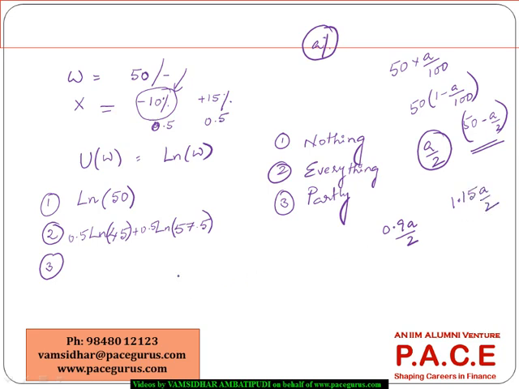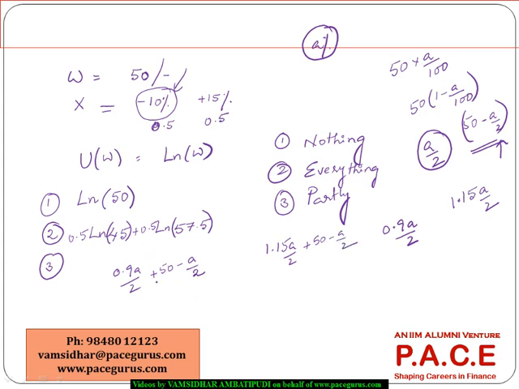Which means at the end of 1 year, his total wealth could be either 0.9 A by 2 plus 50 minus A by 2, because this does not change, or it could be 1.15 A by 2 plus 50 minus A by 2.